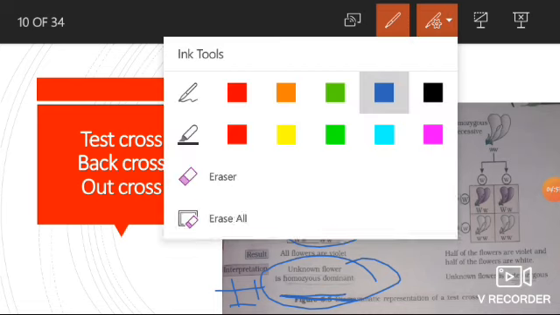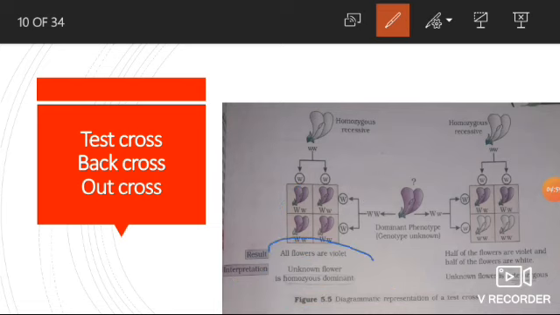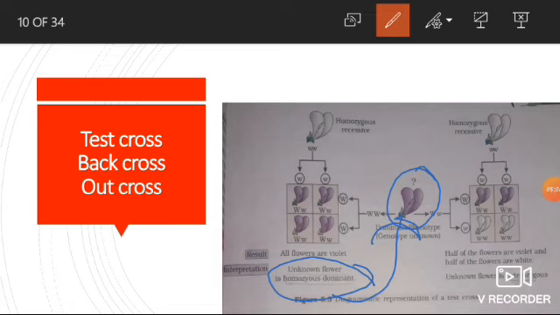That means if we find in the result that all flowers are showing the dominant phenotype, the unknown flower is homozygous dominant. That means this violet flower shown by the dominant phenotype has the genotype capital W, capital W. That means pure dominant.